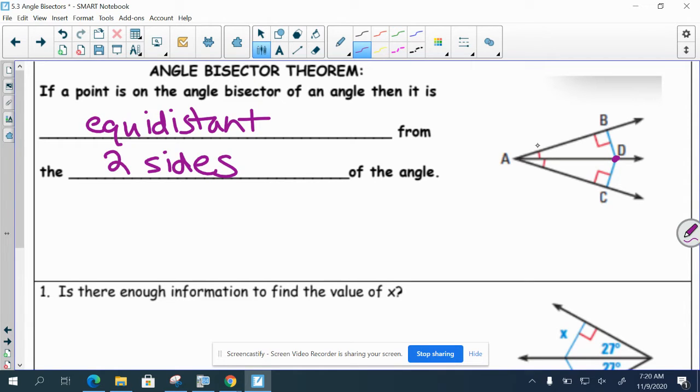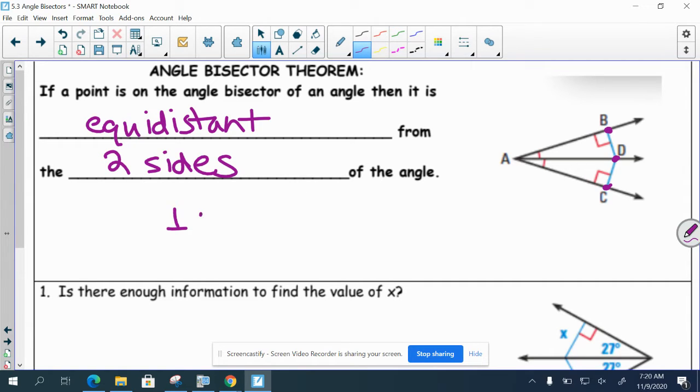So it would be equidistant from side AB and side AC at the shortest distance, which in this case would be B and C, because that's the perpendicular distance. That's the length that's perpendicular. So this is kind of like the perpendicular bisector theorem, except the perpendicular bisector theorem said that any point that is on the perpendicular bisector is equidistant from the vertices or the endpoints of the segment that's being bisected.